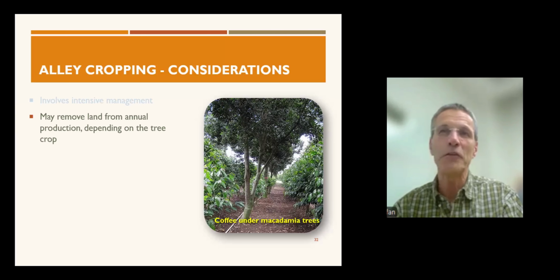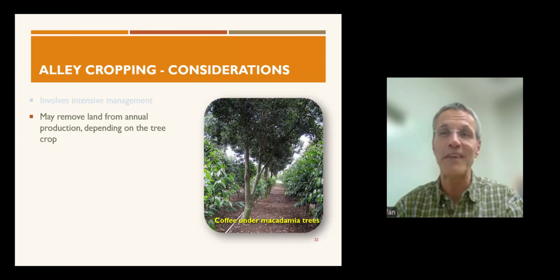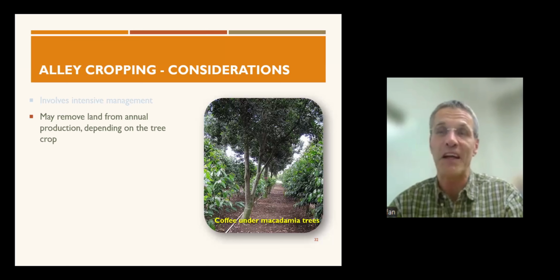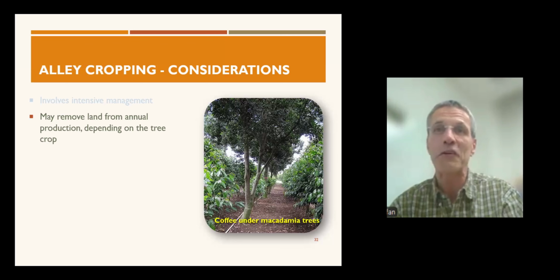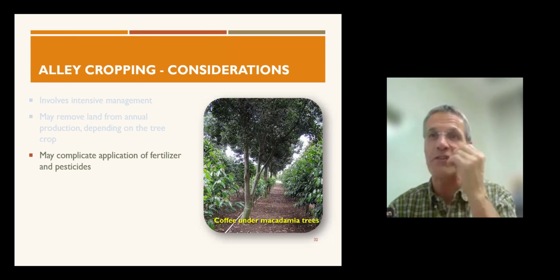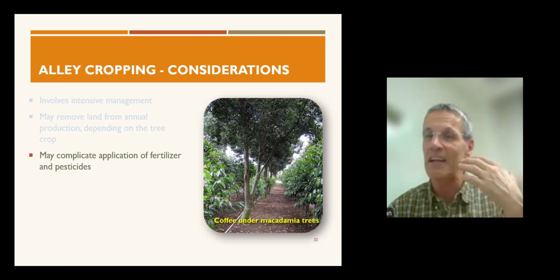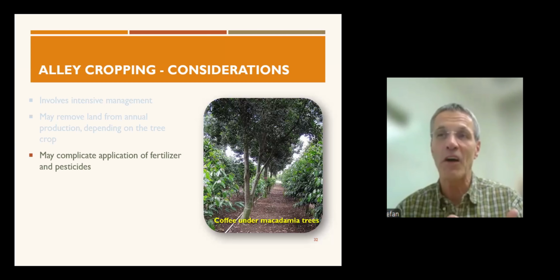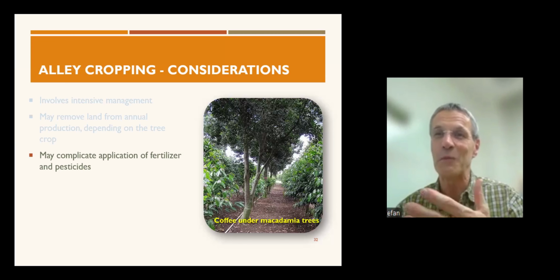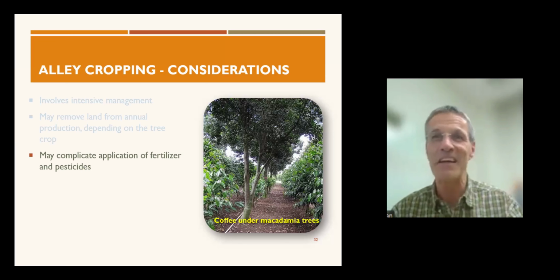Also, if your goal is to produce as much rice as possible, having trees in the field is not a good thing because it actually removes some land from your production of the rice. So you need to consider that. And then if you do any kind of application, whether that's manure, whether that's fertilizer, whether that's pesticides, it gets quite complicated because you might damage one with something that you don't want to have damaged, or things are in the way.